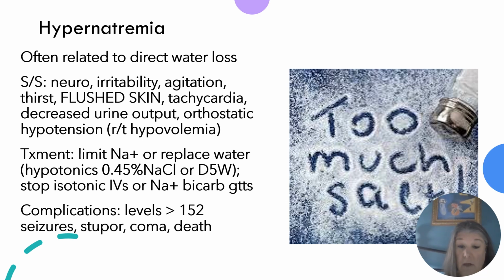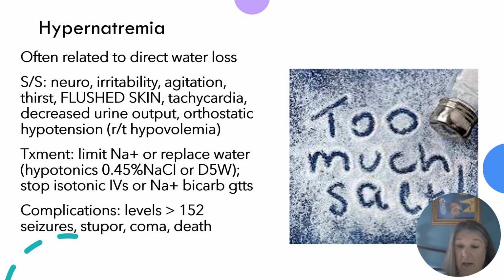So our treatment is we are going to try to add fluid, but just fluid. We're not going to be adding a lot of salt. So you can use half NS or your D5W. D5W is 5% dextrose and water. So that's just sugar. Remember, dextrose is just our sugar.